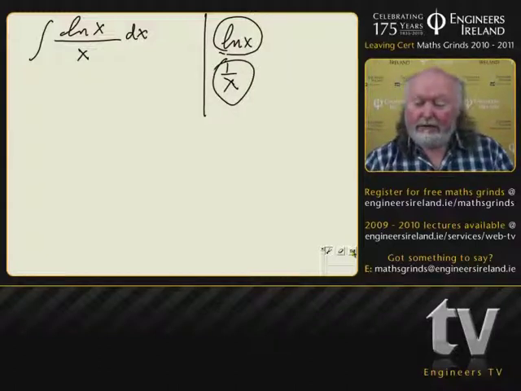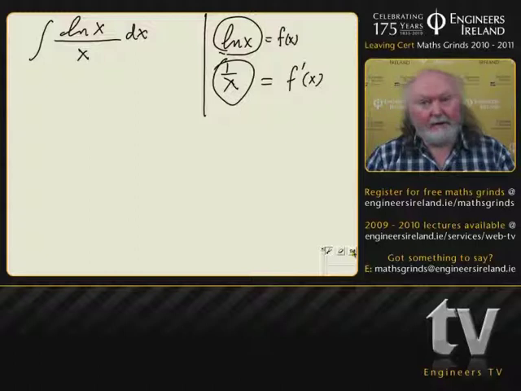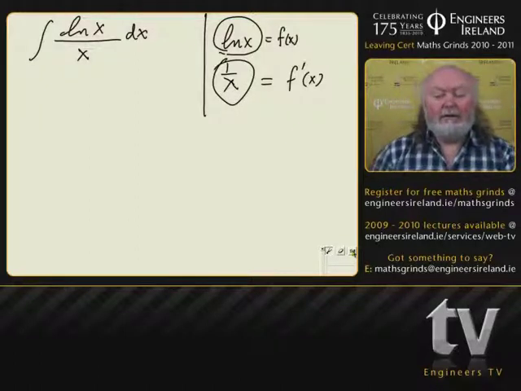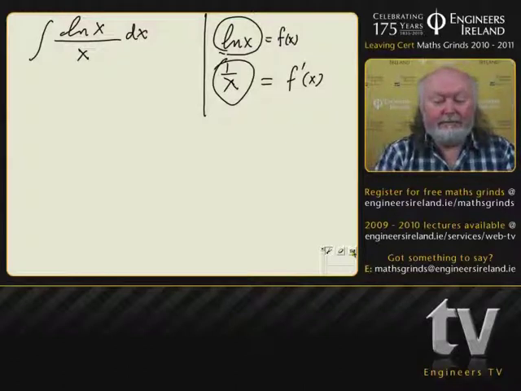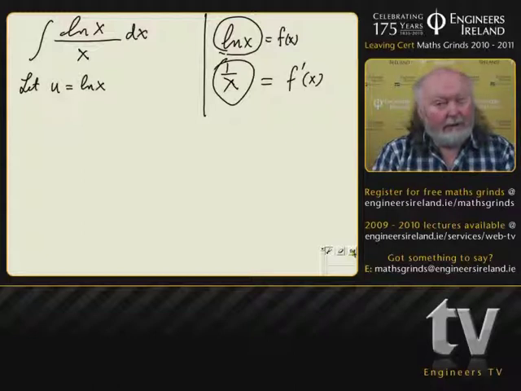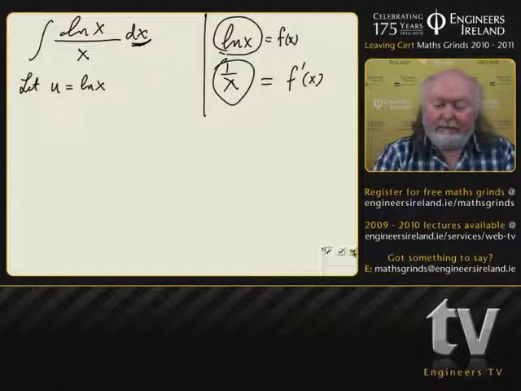And we know that if I differentiated this, if that was f of x, then this is f dashed of x. If I differentiate log x, I'll get 1 over x. That would imply that we will use log x as the u. Watch how this works. Just because we've called this u, we now need to differentiate it because we want to find a substitution for this, plus other bits.